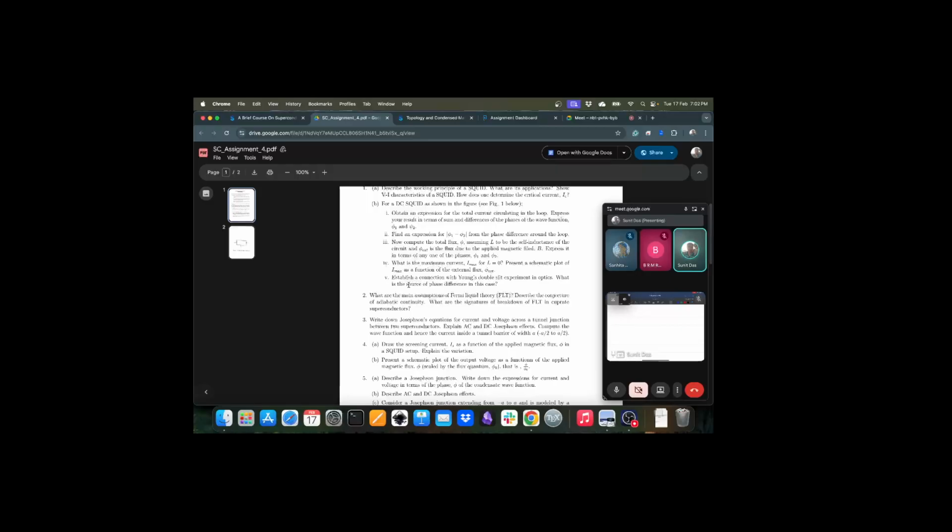Imagine we had this Josephson junction, but I'm drawing it from a different angle. Earlier we had something like this, right? I'm showing the top view, let's say. So we have a superconducting region.